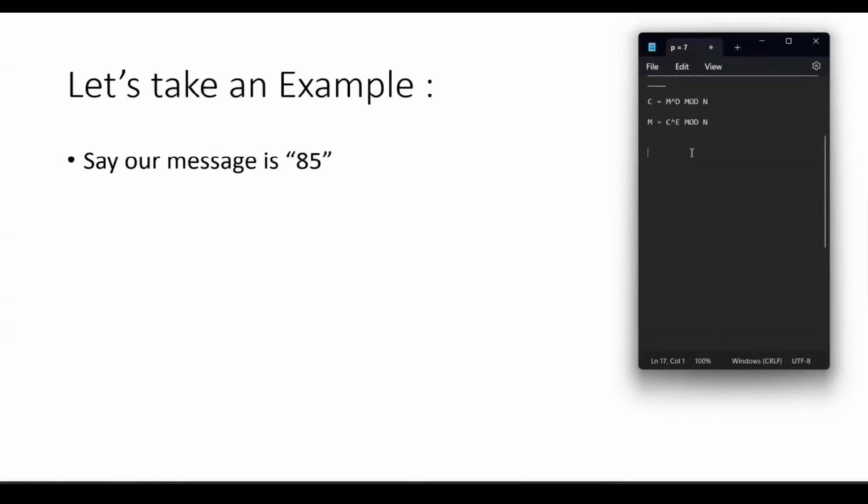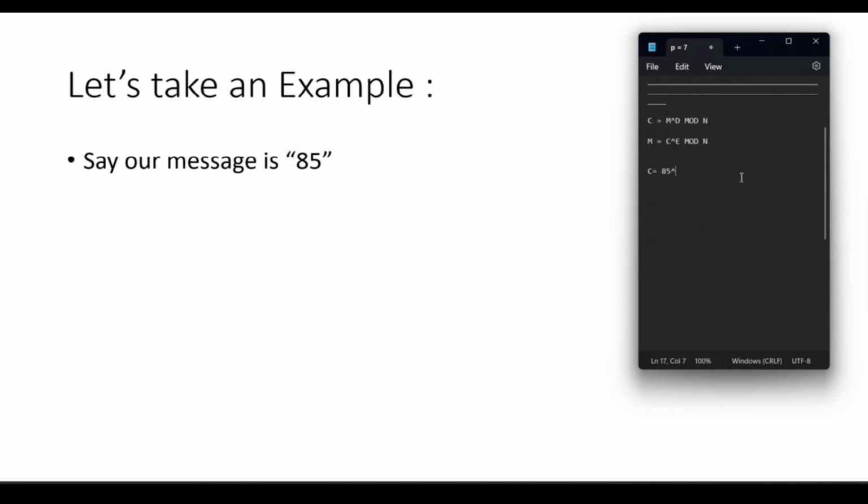Say our message is 85. Now we want to encrypt it. How do we do that? We can use this formula over here. So we want the ciphertext, and that can be obtained by message raised to D. That is the private key. Do you remember the private key?